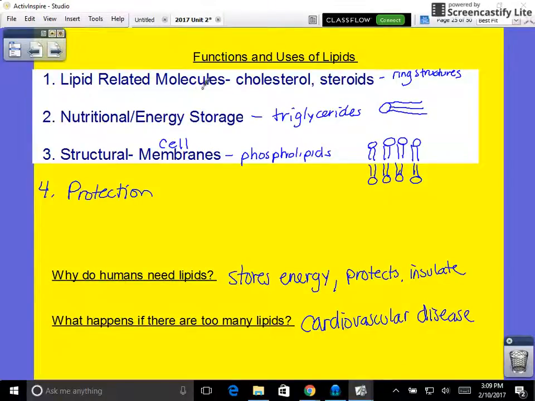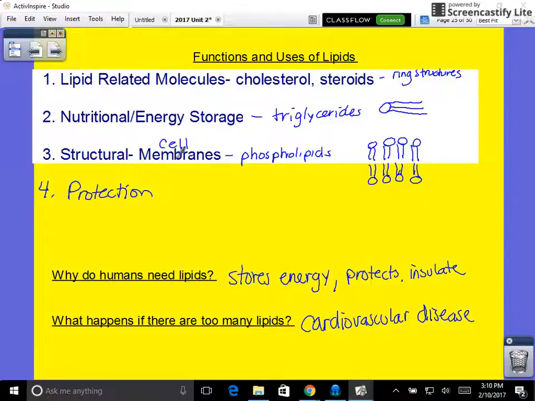Some lipid-related molecules like cholesterol, steroids, and ring structures are involved in different parts of organisms. Some lipids are used for nutritional or energy storage, so you'll hear about a triglyceride. A triglyceride has 3 tails. Some are involved in cell membranes.